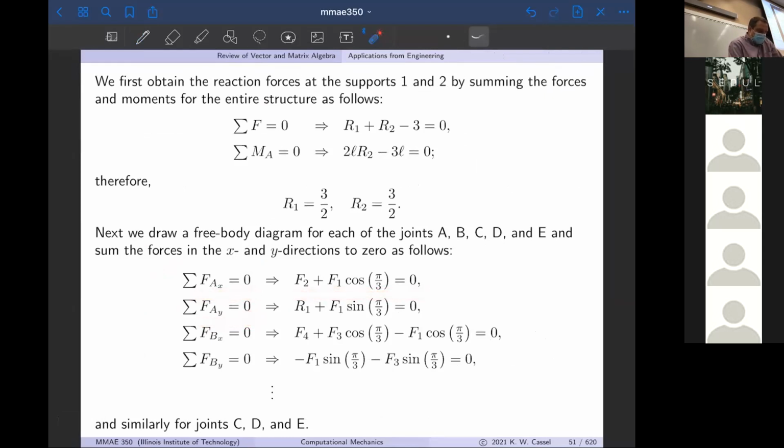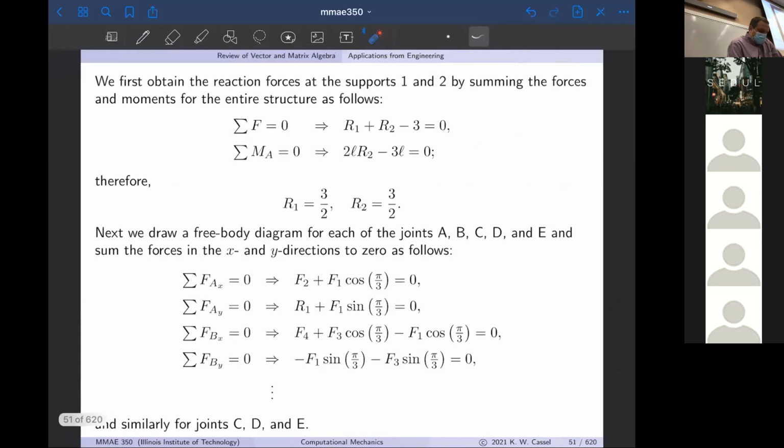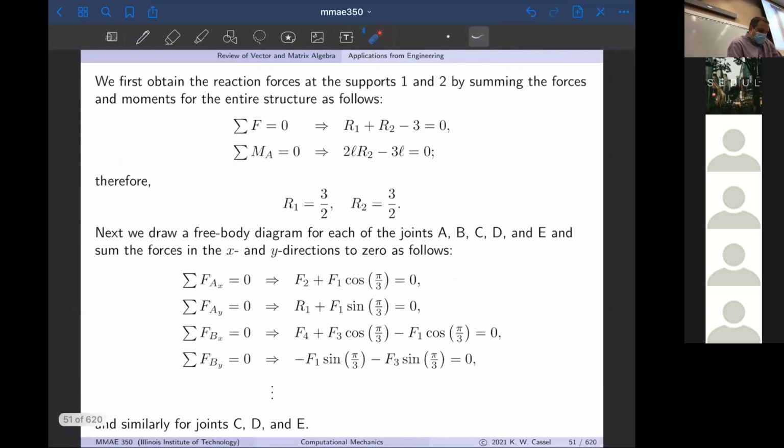Sum of the forces in the X or horizontal direction: I have F2 to the right, so plus F2, and then F1 at the pi over 3 angle, so F1 cosine of pi over 3, and those have to sum to 0. In the Y direction, F2 doesn't come in, but R1 does, and the vertical component of F1 does. So R1 plus F1 sine pi over 3 has to sum to 0.